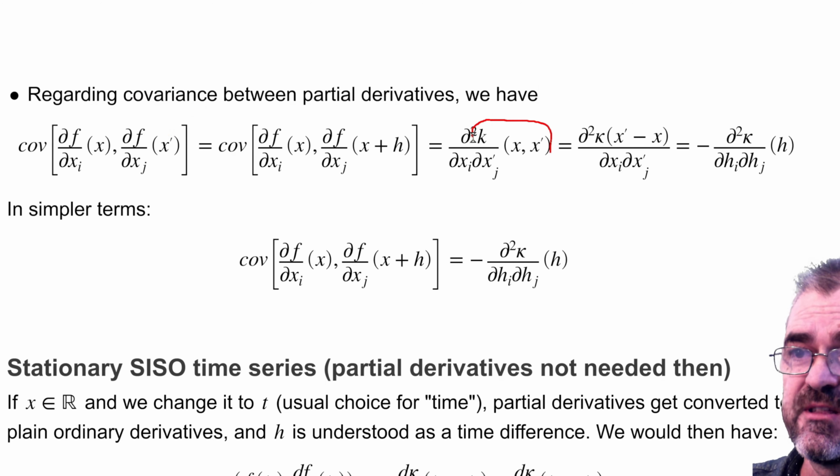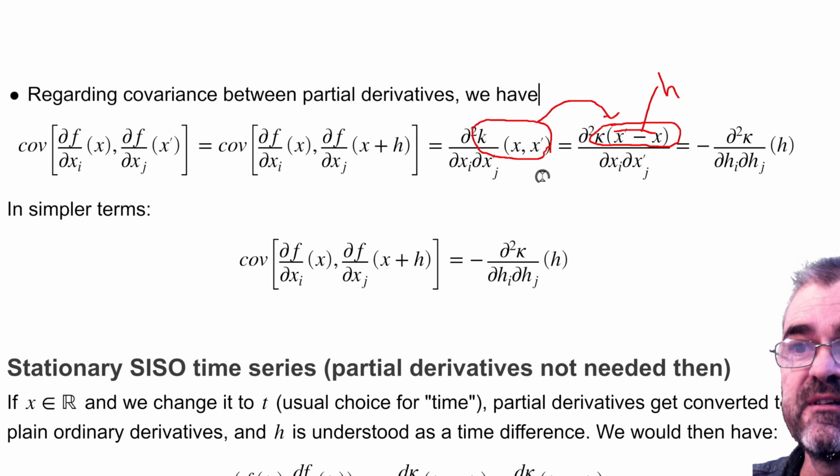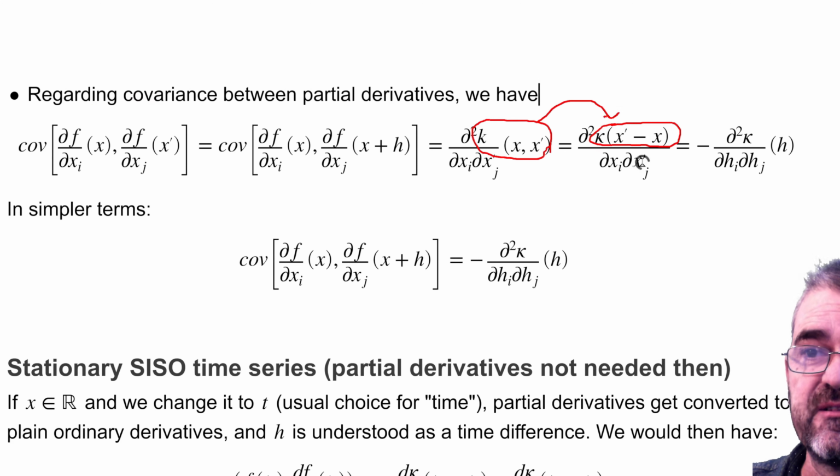So this thing, k of x prime, will be little k kappa of the difference. This is h. So this Hessian-like formula, the derivative with respect to the first argument xi will be, by chain rule, we'll need to multiply by -1 because we are subtracting here.